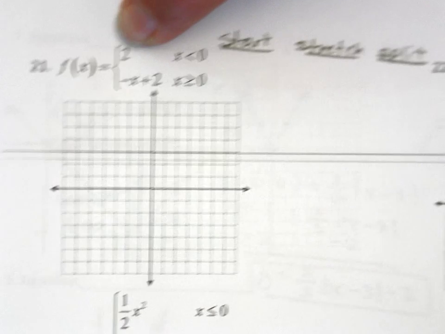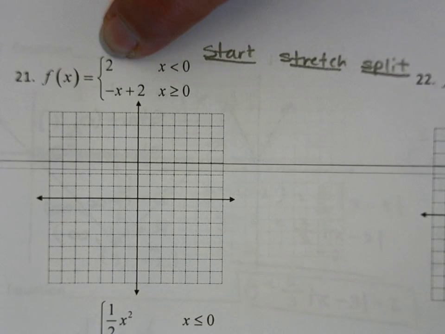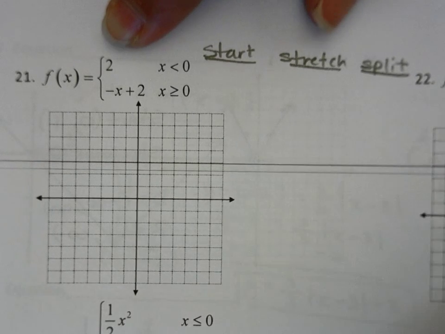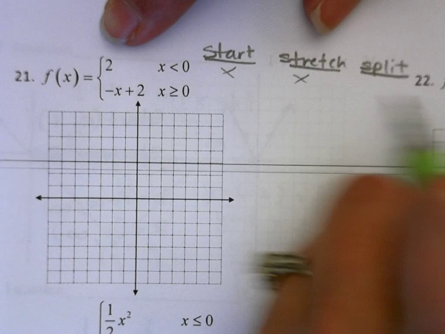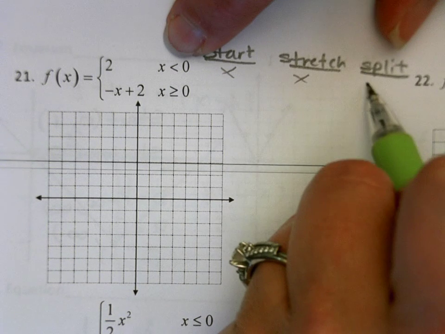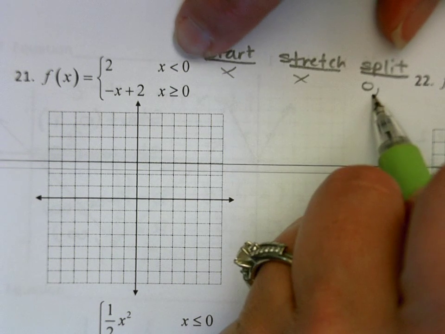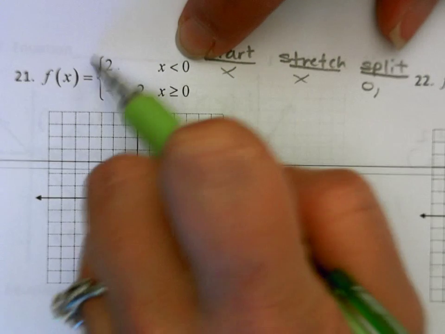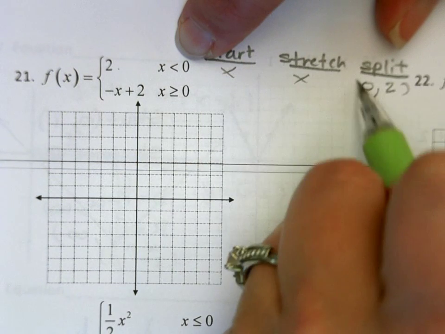So my start on this doesn't exist because it's just a line. There's no value for x, so there's no shifting going on. I don't have a stretch, right, because I'm not having an x to multiply by. So I don't have a start, and I don't have a stretch. My split is at 0. I don't have an x to substitute into, so my y value would just be 2.